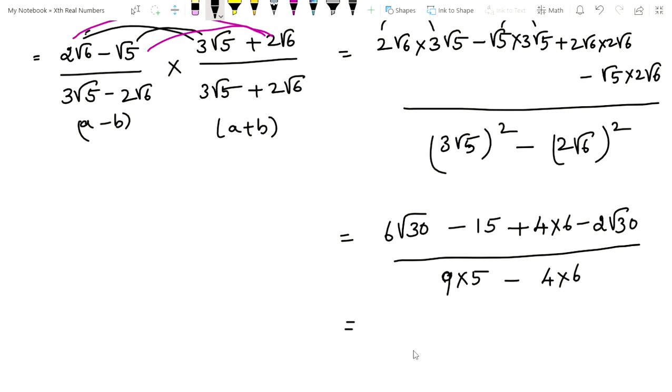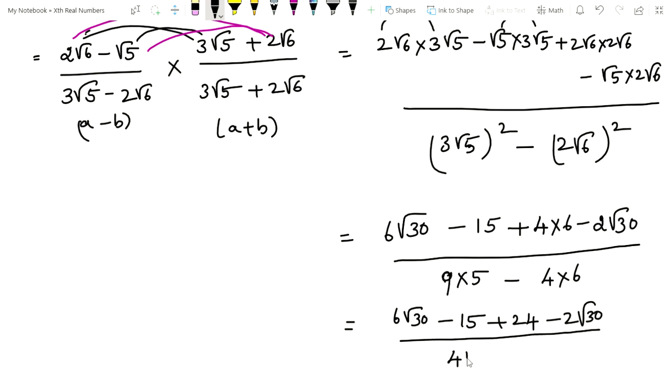See here, 6 root 30 minus 15 plus 4 6s are 24 minus 2 root 30, divided by 9 5s are 45 minus 4 6s are 24.